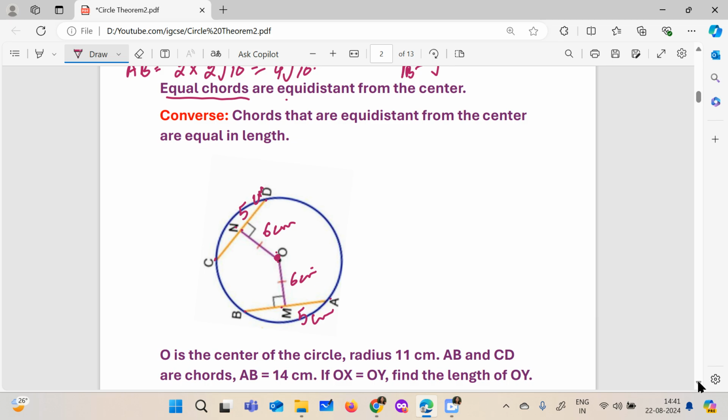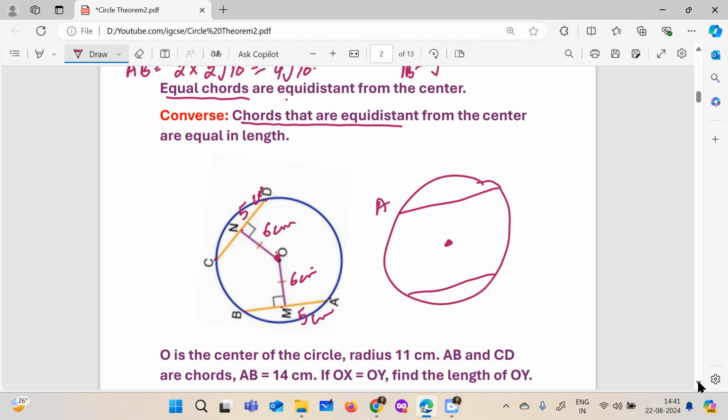We can also say in other words, chords that are equidistant, if you have two chords, AB and CD, both are equidistant. Equidistant means the distance from the center is the same.